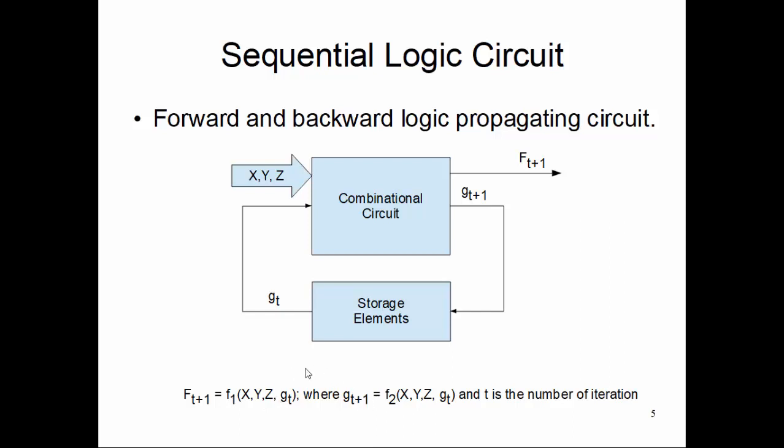GT plus 1 means g at the next iteration is going to be another Boolean function f2, which depends on XYZ and GT. Okay, the partial result from this iteration. So t is the number of iteration, you can say.